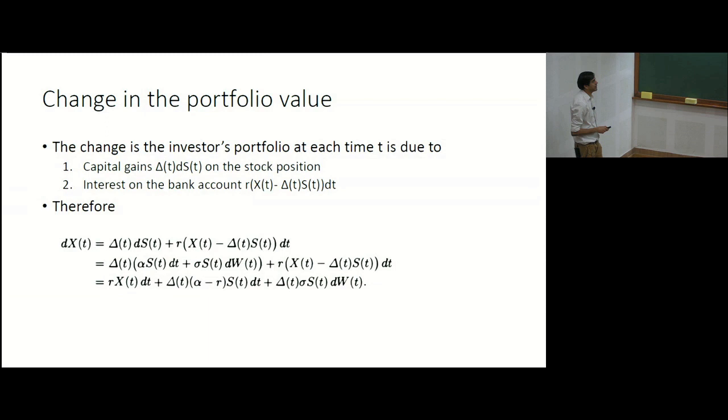And your bank account would have grown at the rate r dt, right? So this is straightforward. So the total change in your portfolio is then equal to dX_t, which is the change in the value of your stock holding plus the change in the value of your bank account.